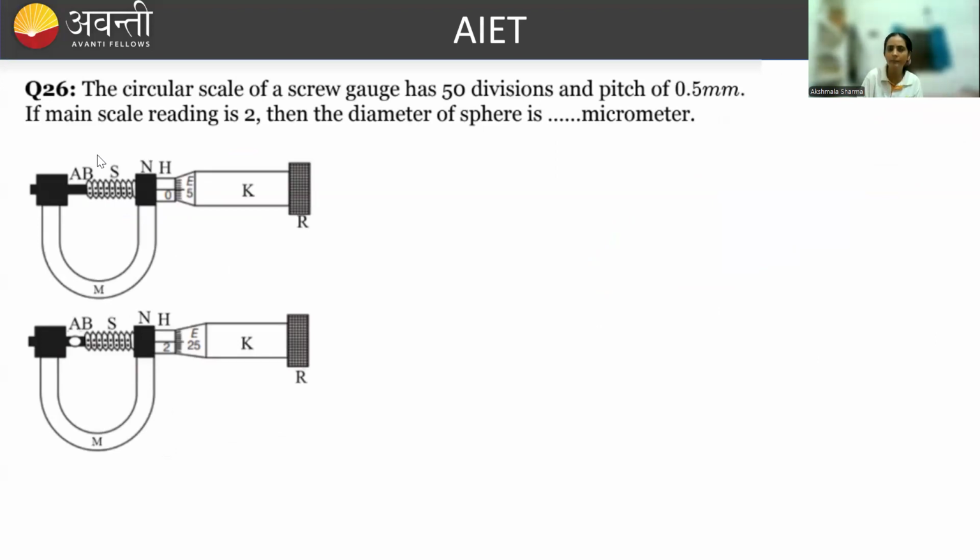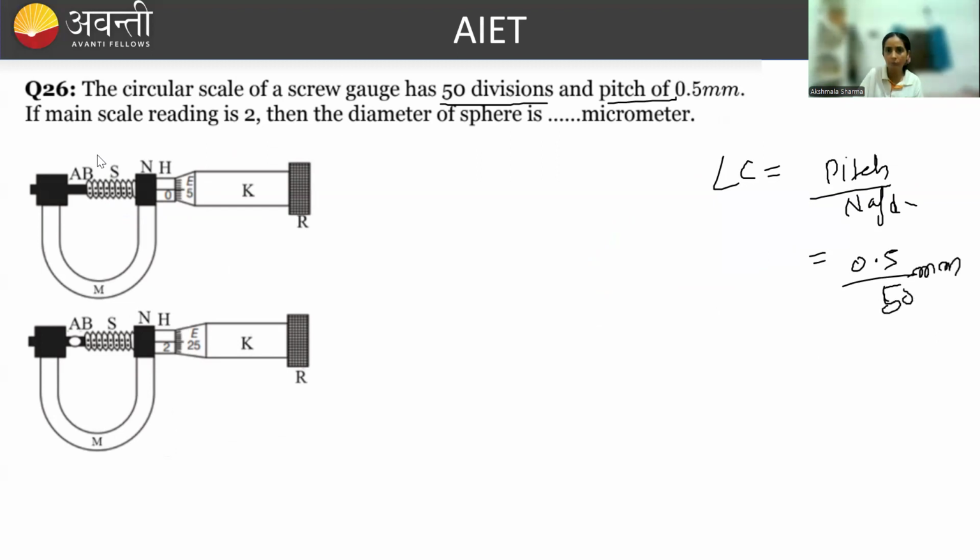Now you have to take the reading here. Circular scale, this is a screw gauge and it has 50 divisions and the pitch is this. So least count is what? Least count is pitch divided by number of divisions. Okay? So here it is 0.5 by 50 millimeter. So this will become how much? This will become 0.01 millimeter. Now, main scale reading is 2 units. Okay?